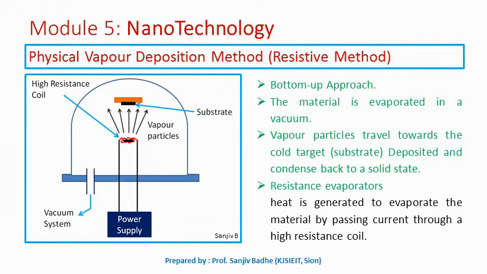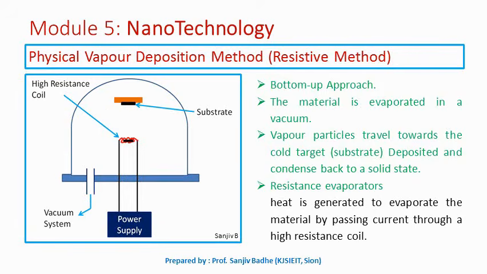The vapor particles travel towards this substrate, a cold target, and get deposited there. Once the vapor particles get deposited on the cold target, they will be condensed back into a solid state.